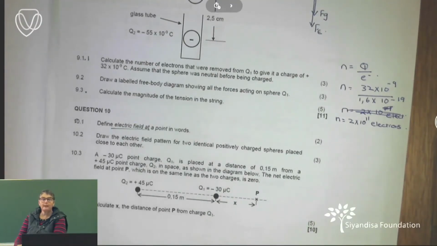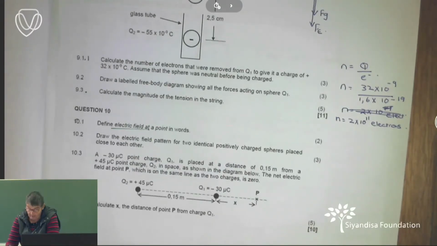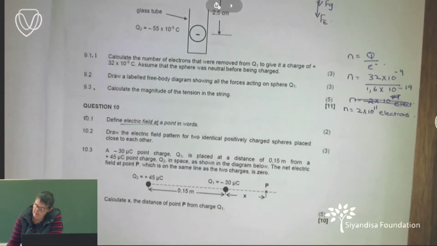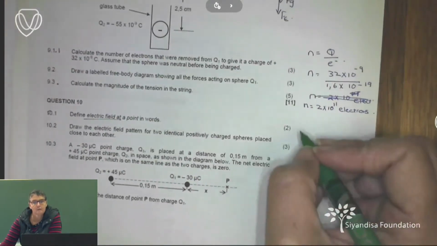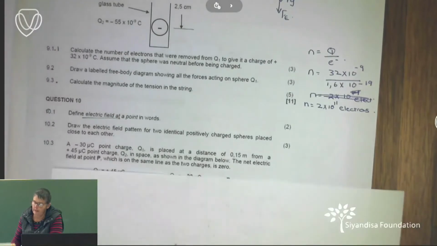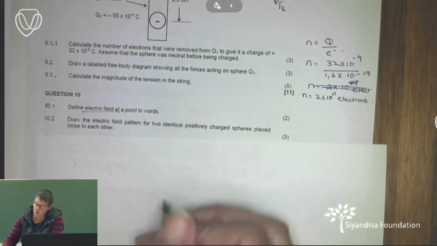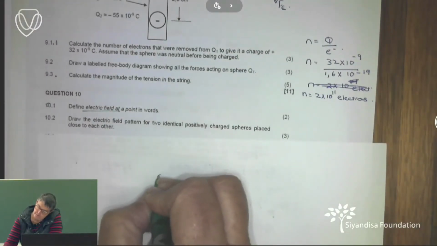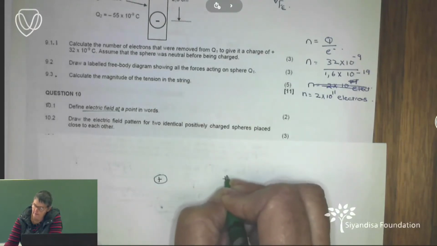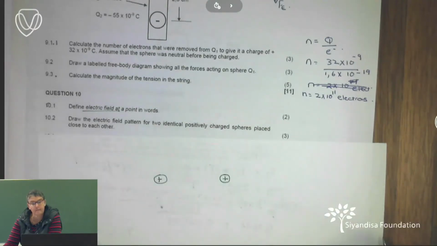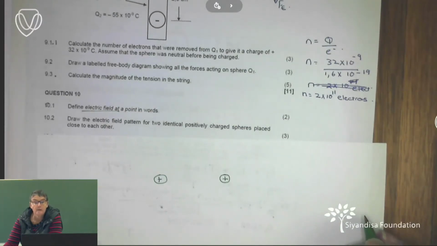So the minute they are placed close to one another, it means that they will affect each other. Okay? So what happens now is, I'm going to have my little, let's do it over here. They tell us 2 positively charged spheres. So I'm going to have a positively charged sphere there, and I'm going to have a positively charged sphere there. Okay. Now the direction is determined by the direction that a positive test charge would move.